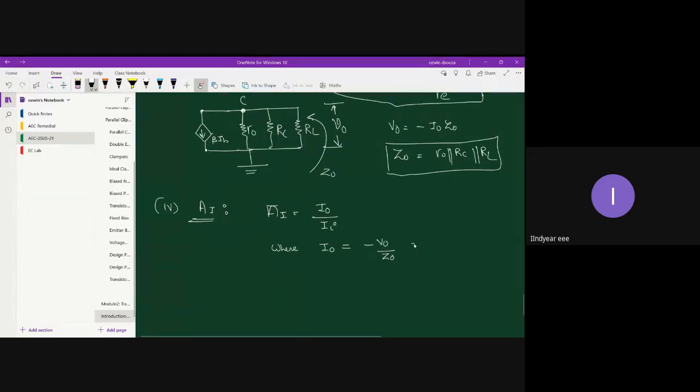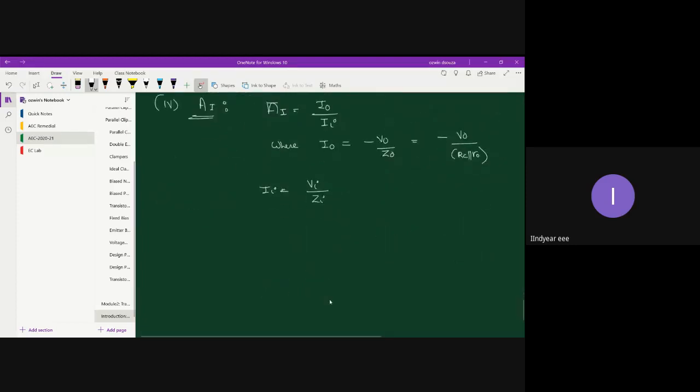And that can be written as minus V naught divided by Z naught. Z naught is RC parallel with R naught. I'm not considering the load resistance. If load resistance is there, you can also include RL over there. All right. And also we have II. II is nothing but input voltage divided by input impedance.